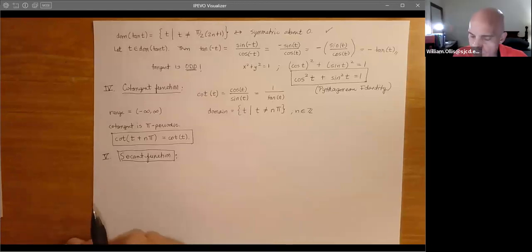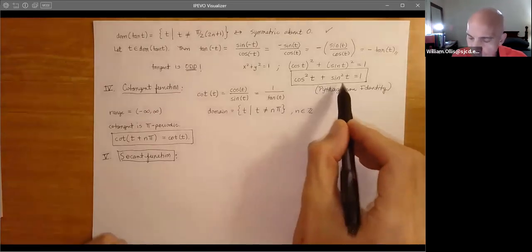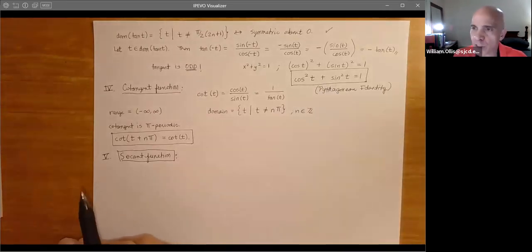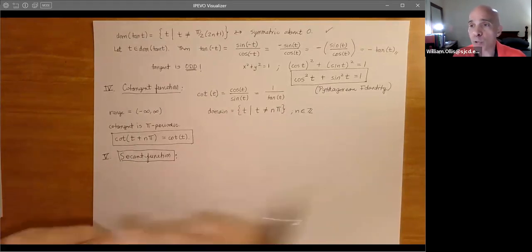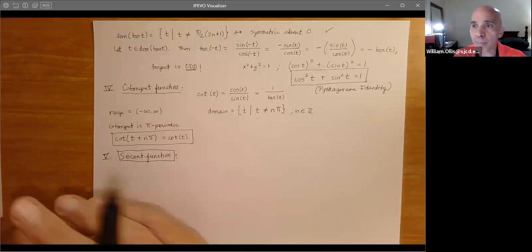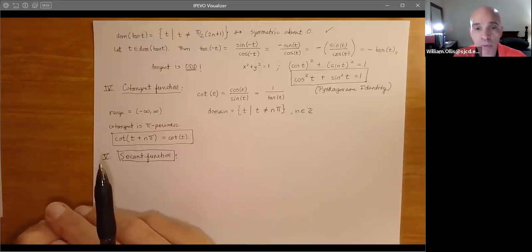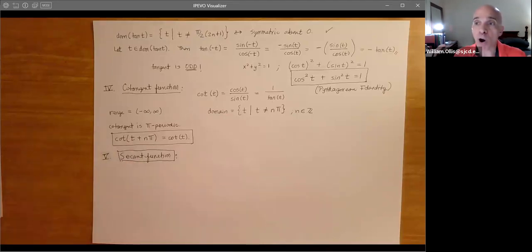Well, when I say cosine squared plus sine squared equals 1, that's a fundamental identity because it ties everything together. It's like when we say algebra is fundamental to calculus: if you can't do algebra, then you can't do calculus. That's what I mean by fundamental. Fundamental has a broad umbrella.